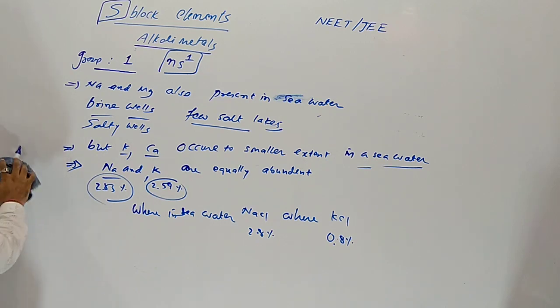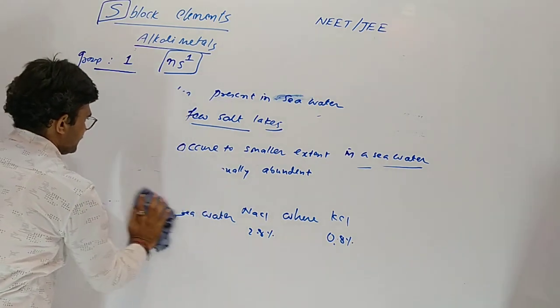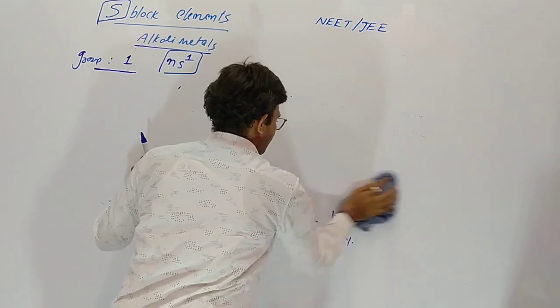Now the remaining elements of group number 1, rubidium and cesium.